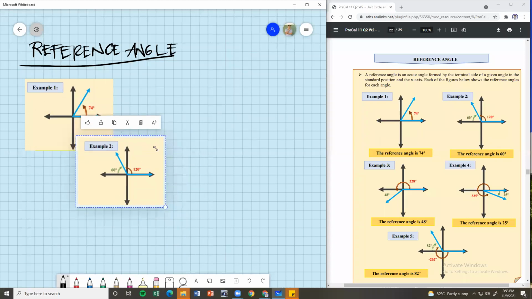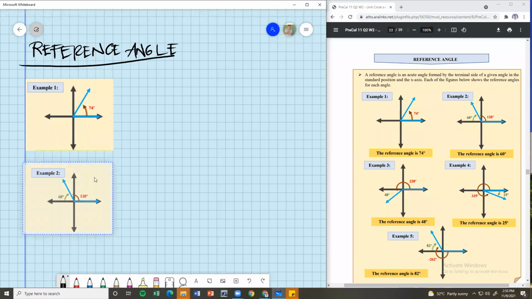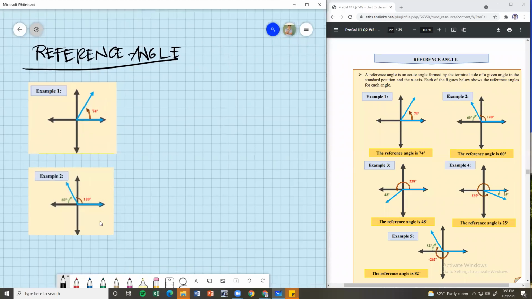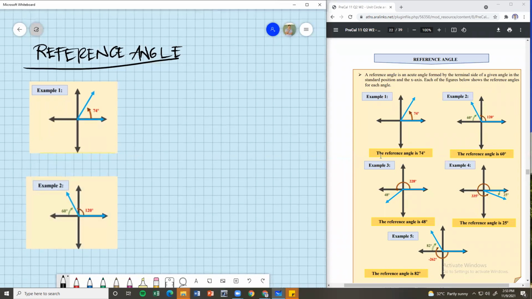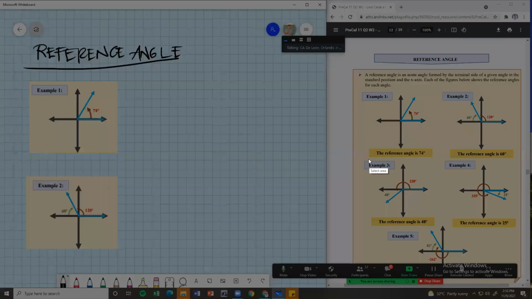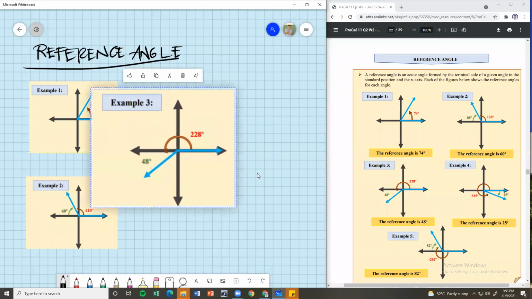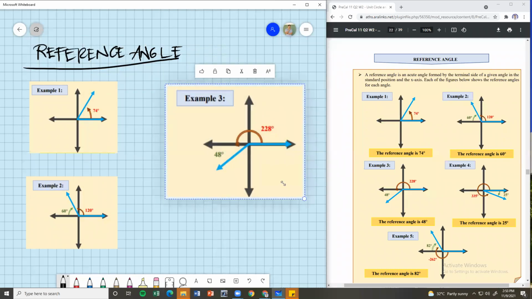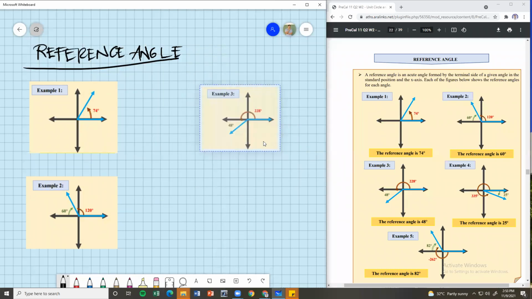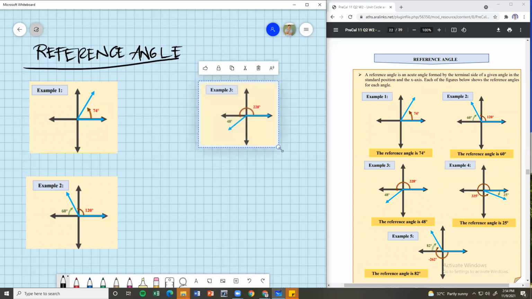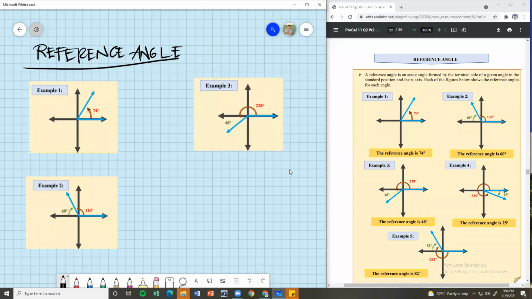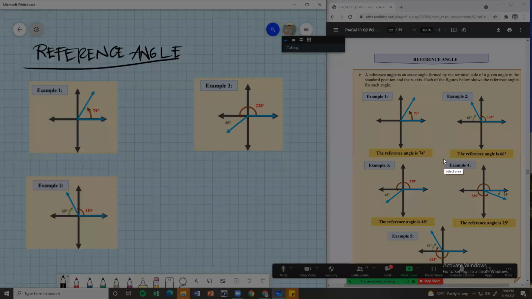Nakakapagpahinga din kayo. Madali lang yung reference angle, don't worry. Since you already learned the process of the initial and the terminal side a while ago, this will be easier for you. Kasi you already know how to identify directions. Remember, directions in trigonometry are very important.